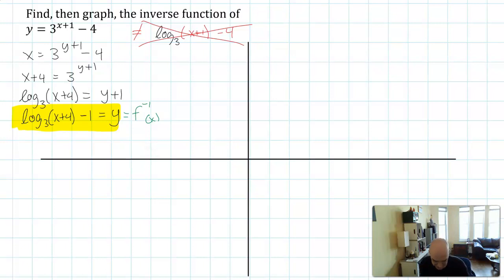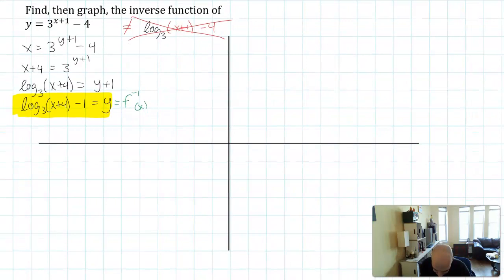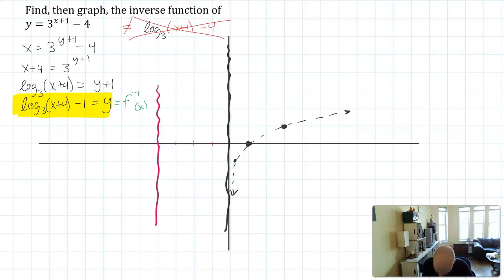Well, now it's just a shift and a transformation of a log graph. At this point, hopefully we're pretty good at that. Log base 3 looks like this. Plus 4 means we go 4 to the left. 1, 2, 3, 4. New vertical asymptote.